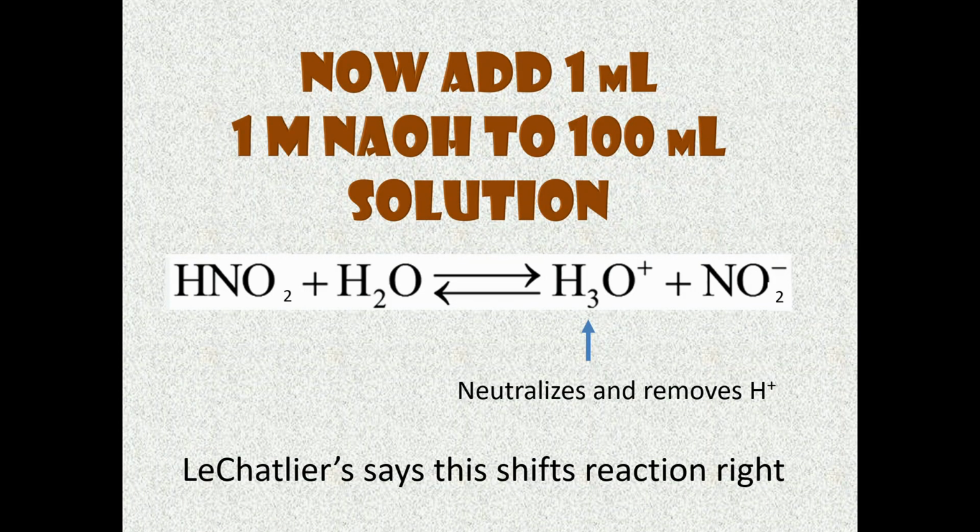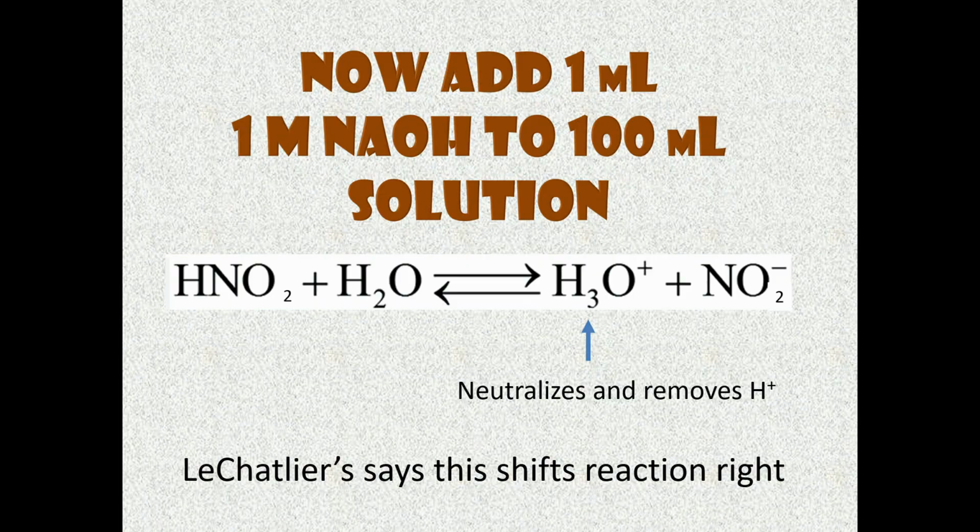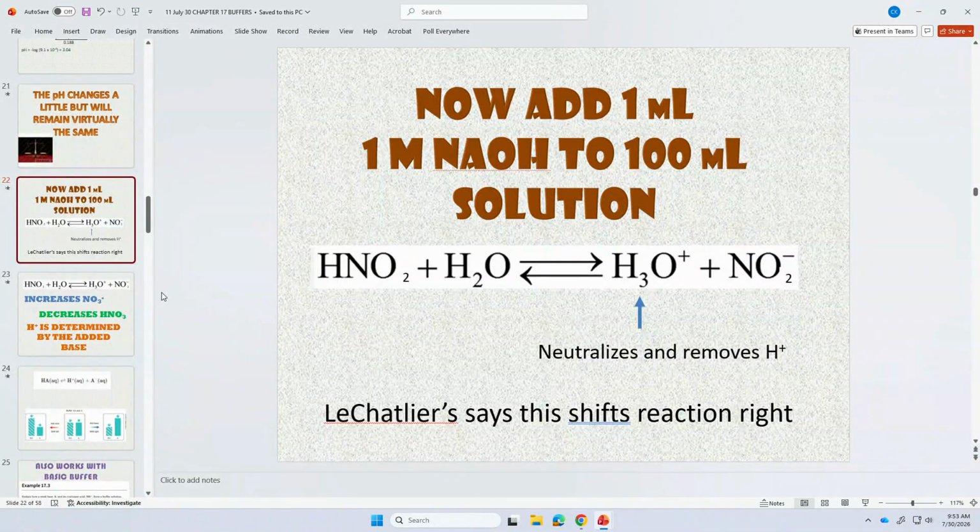Now, Le Chatelier says it's going to shift it to the right. I would take 1 molar OH minus times 1 milliliter. I would do 100 milliliters of the total solution.